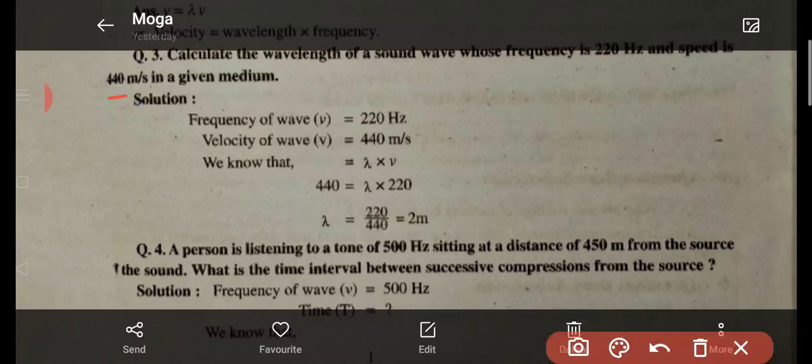We have to calculate the wavelength of a sound wave, and here frequency is given and speed of the sound wave is also given. Frequency of the wave is 220 Hz and velocity of the sound wave is 440 meter per second, and we have to calculate the wavelength, and we know the formula.